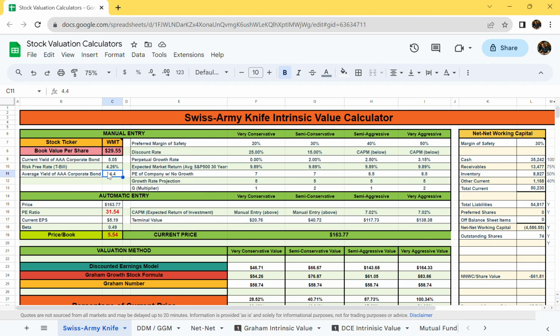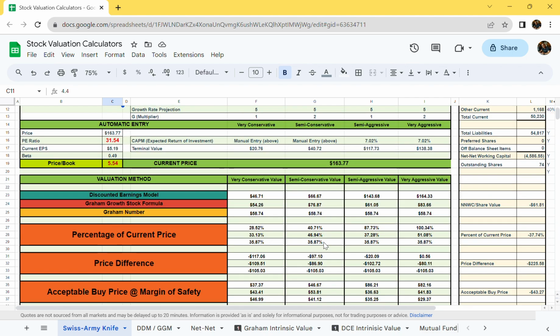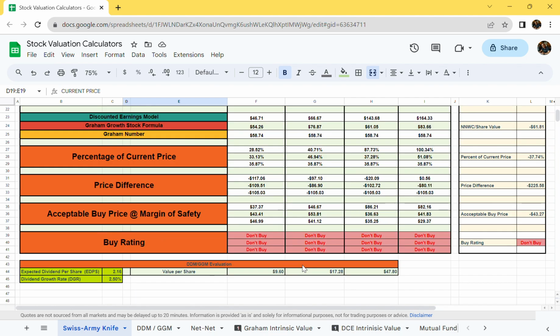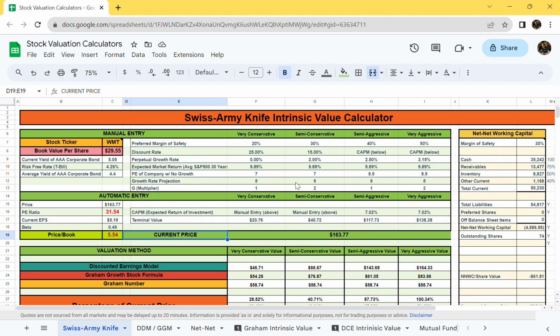This section here is your various assumptions you might make that are going to affect the outcomes of the intrinsic values that you're getting. This, of course, is your current value that the stock is trading at, and so it's going to compare it to that to give you these buy or don't buy ratings. And then this as well is something that's going to be affected by the assumptions you place in here.